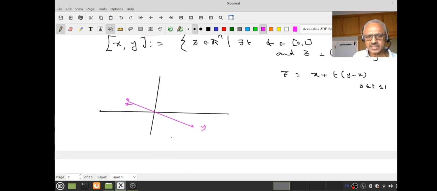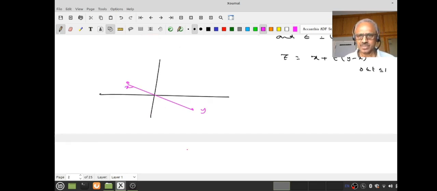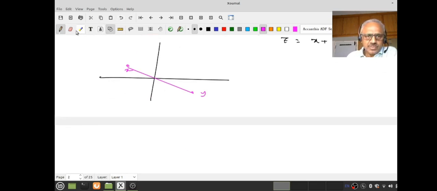This is actually a directed line segment, but this is what we call a line segment. Many of you might have learned this when you learned about convexity in your course in Rn or in functional analysis, but you may not know why it's called a line segment. Just for fun, let me do that.